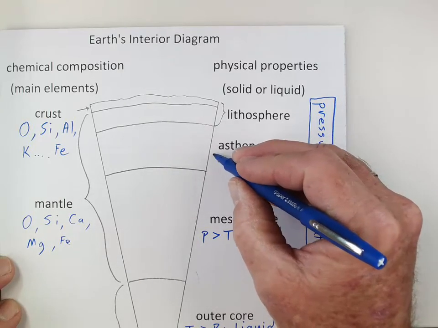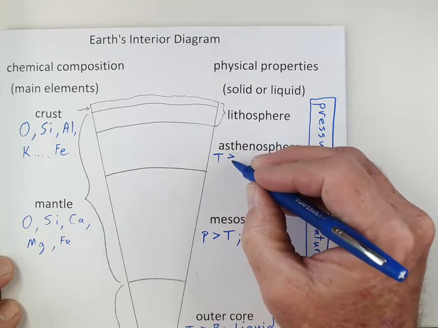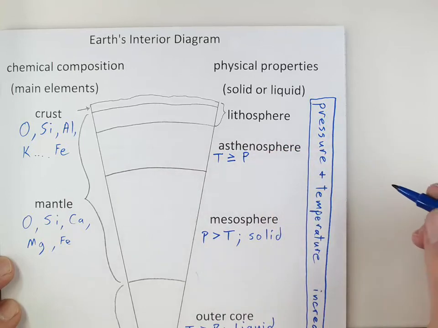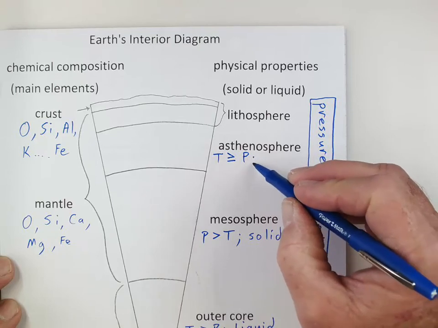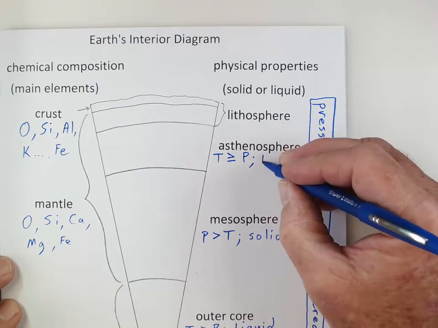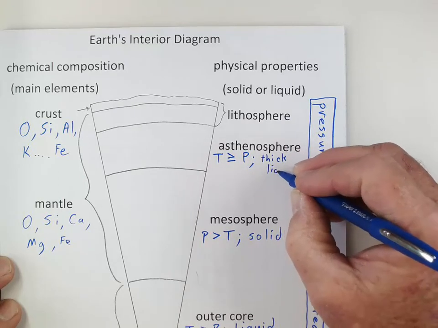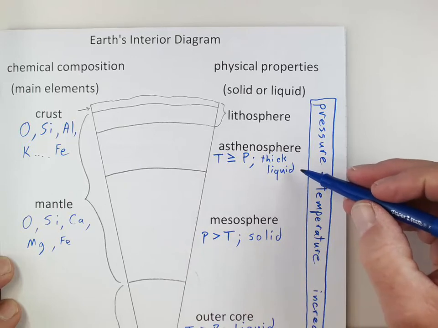So with regard to physical properties, the effects of temperature are just barely greater than the effects of pressure. So that's why we put in the symbol greater than or equal to. So we'll list here that it behaves as a thick liquid. Something much thicker than motor oil, for example, which is a fairly thick liquid.